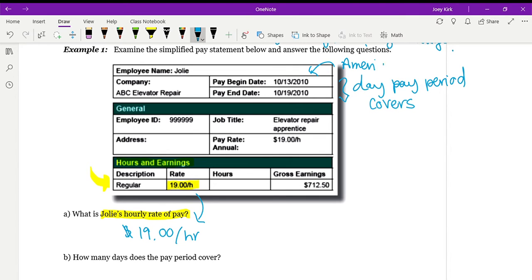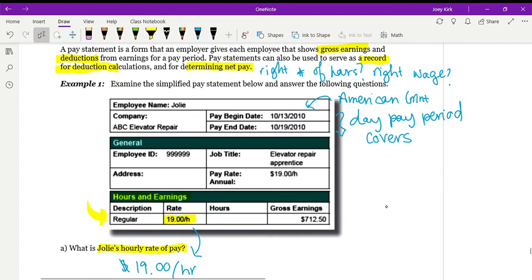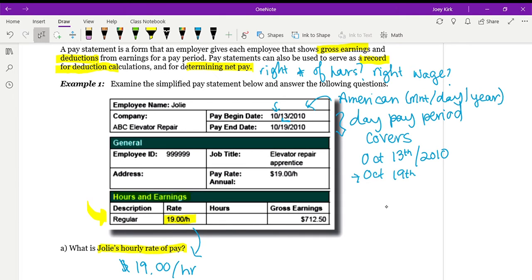This is American, and we know that because they're going month, day, year. Here we usually go day, month, year. Obviously, you can't have the 10th of some 13th month. So it's October 13th, 2010 to October 19th, 2010.